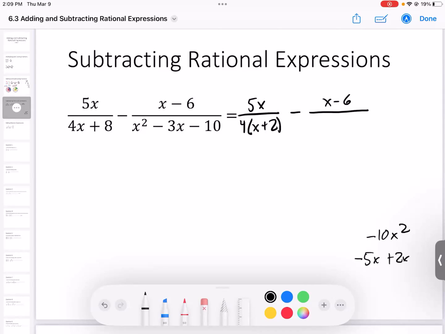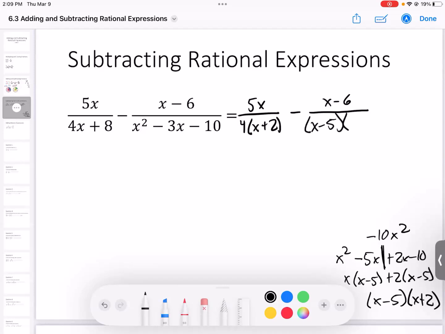So I'll split that negative 3x into those 2 terms and then do factoring by grouping. The first group has an x in common, which leaves me with x minus 5. The second group has a 2 in common, which also leaves me with x minus 5. When I factor out the common x minus 5, I end up with x plus 2. So that second polynomial can be factored as x minus 5 times x plus 2.